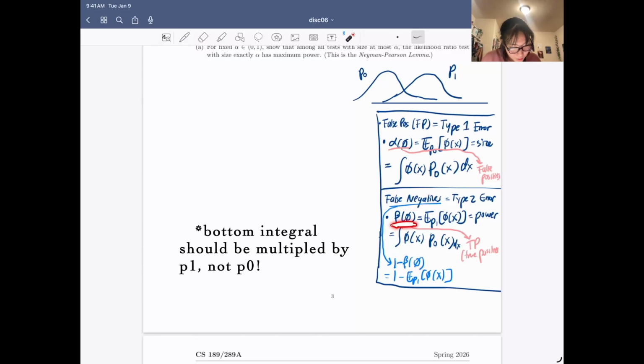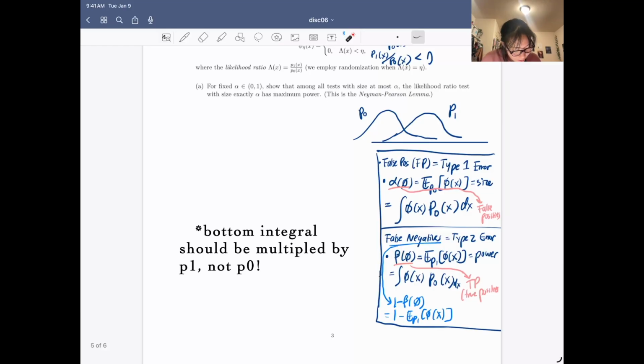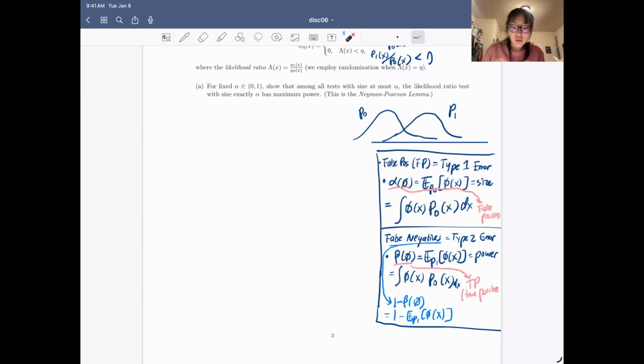Power, which is represented by this beta, is the expectation of phi of x given P1. If you assign P1 given you get it from the distribution P1, it is a true positive, right? You think it's from P1 and it actually came from P1, it's a true positive. But the complement of a true positive is a false negative, because if you're given an x, you either have a true positive, or if it's not a true positive, it must be a false negative.